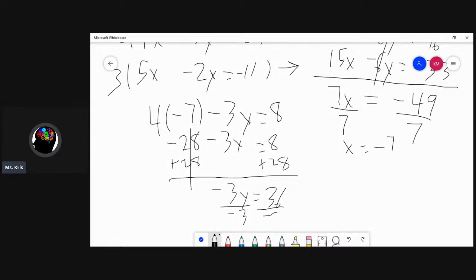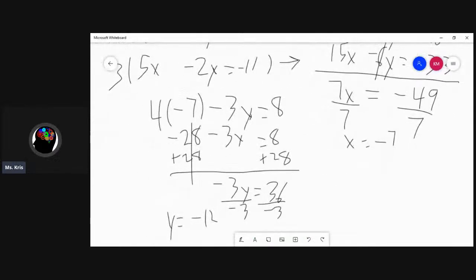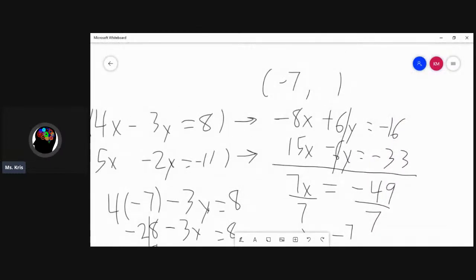Divide by negative 3 on both sides. And y equals a negative 12, because 36 divided by 3 is 12. So now my x and my y coordinate is negative 7 and negative 12. x, y.